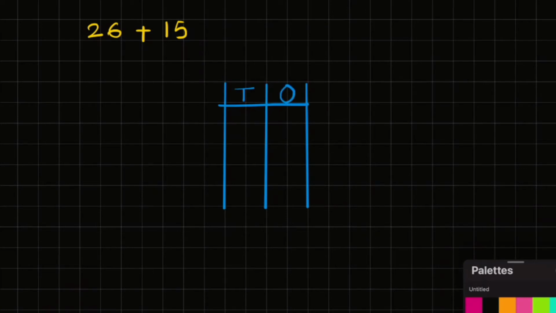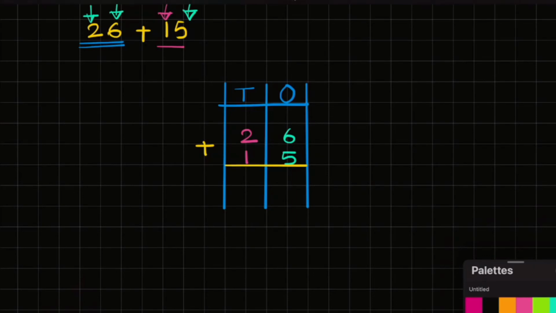In 26, 6 belongs to the ones place and this 2 belongs to the tens place. In case of 15, 5 belongs to the ones place and this 1 belongs to the tens place. And we are doing addition, so we are going to write that too. Then we are going to draw one line because after this line we are going to write our answer.